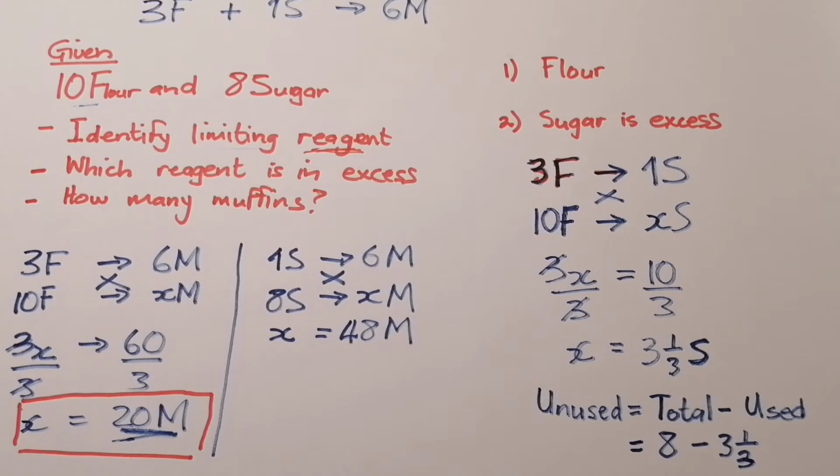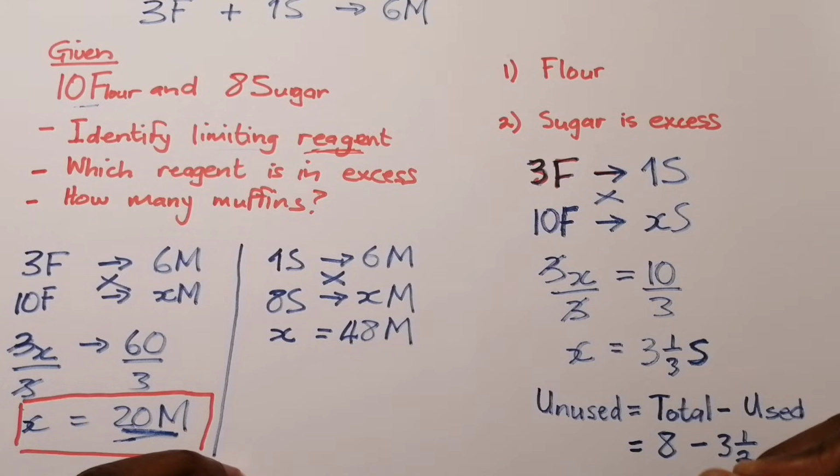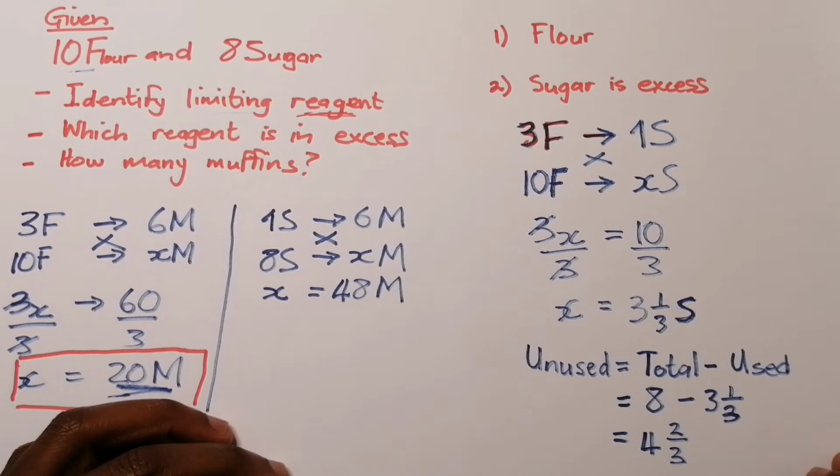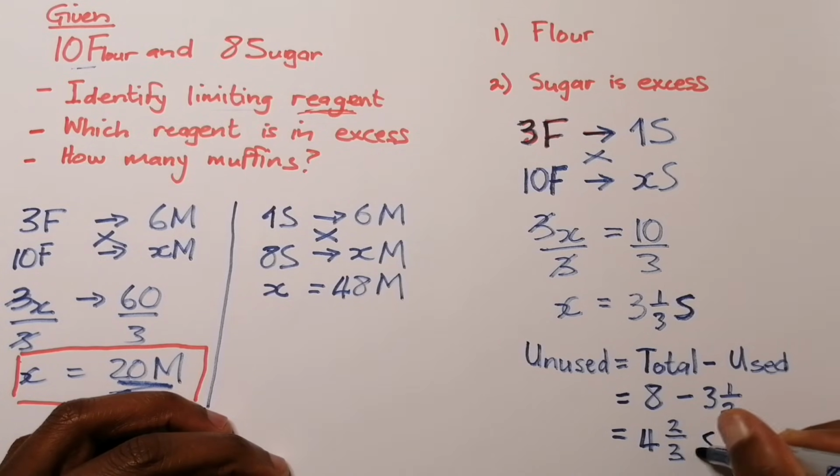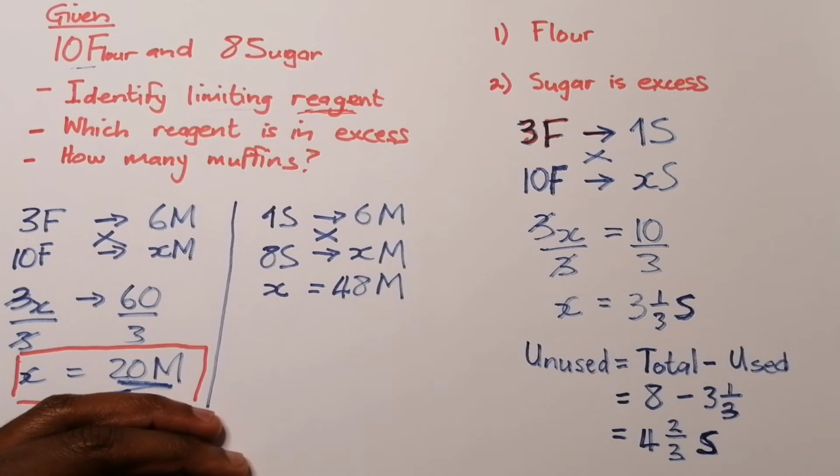So I've got 8 minus 3 1/3, and obviously this will give us 4 2/3 of a cup. Don't mind the fractions there. So that will be 4 2/3 of a cup of sugar. I hope you can follow that, ladies and gents.